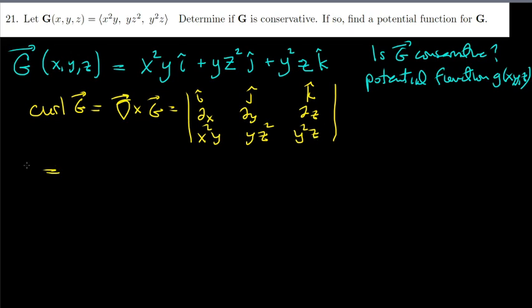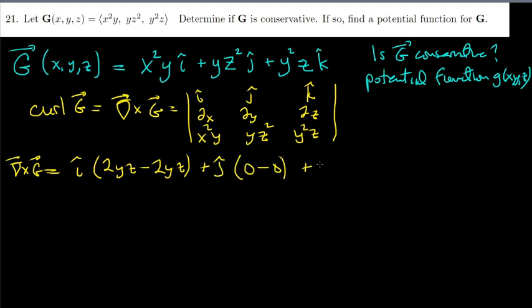So the curl of G is, so the i component will be 2yz minus 2yz. Okay, so far so good. That's 0. And then the j component will be, let's see, 0 minus 0. So that's good. And then the k component will be 0 minus x squared.